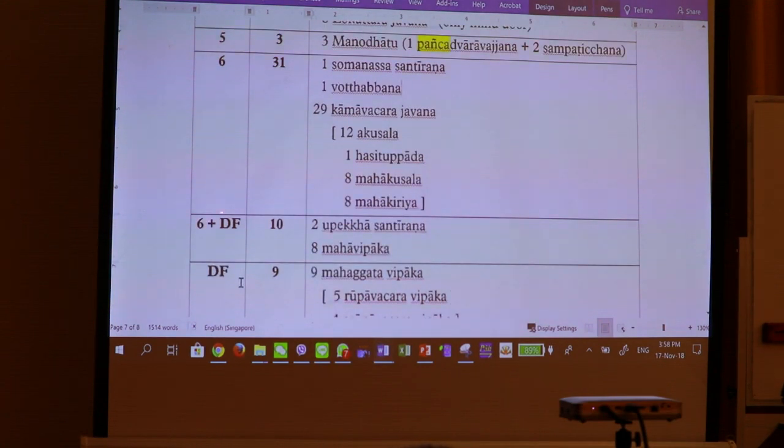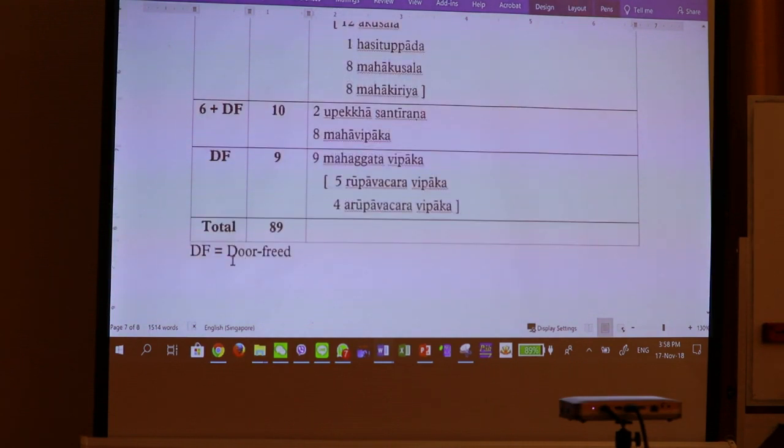Sorry, yeah, 6 dvi. DF meaning dvi free. I need to give the footnote. Oh yeah. Okay. Did you get the meaning of the 6 dvi?